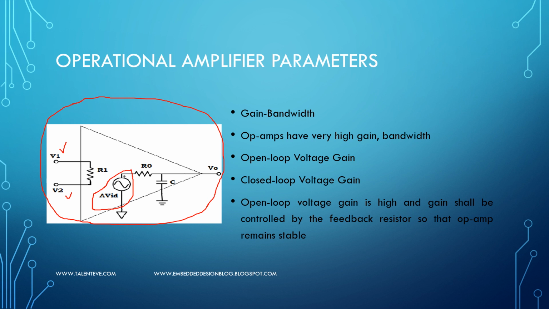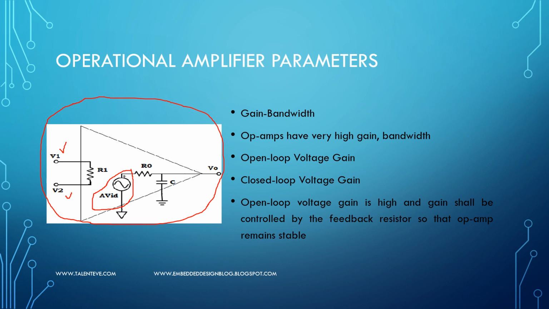This gain can be classified into two types. One is called the open loop voltage gain, and the gain we are talking about here is basically the voltage gain. So it is the open loop voltage gain and the closed loop voltage gain. Open loop voltage gain is very high because there is no feedback, and whatever is mentioned in the data sheet is the open loop voltage gain, and it is the maximum voltage gain that can be achieved by an op amp.